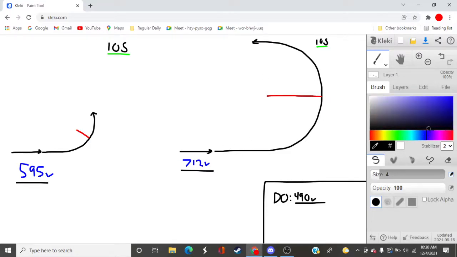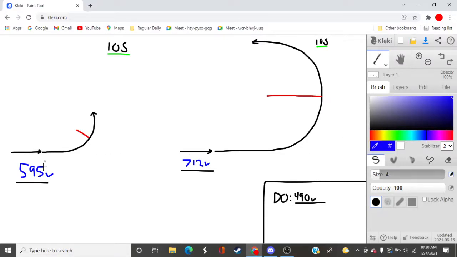Now, in terms of rate, rate is measured in something we call degrees a second. When you think about a circle, we know a circle is 360 degrees. So when we talk about degrees a second, it's essentially measuring how much your heading has changed over a set amount of time, in this case 10 seconds. Let's calculate this.